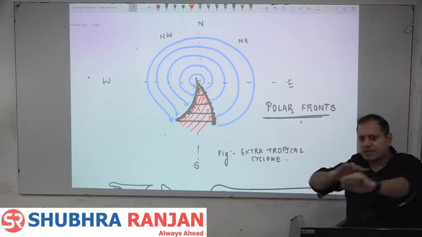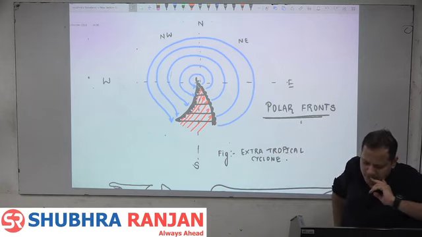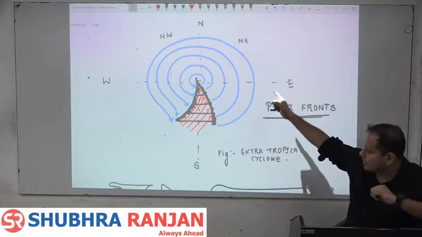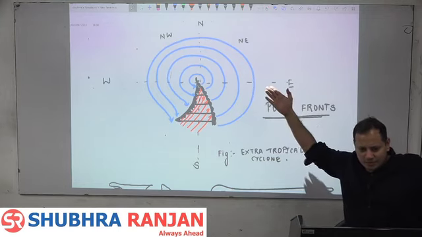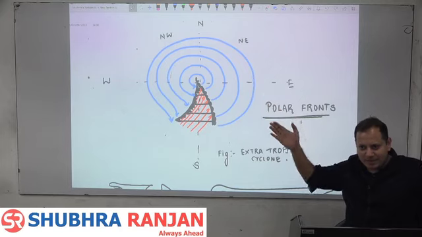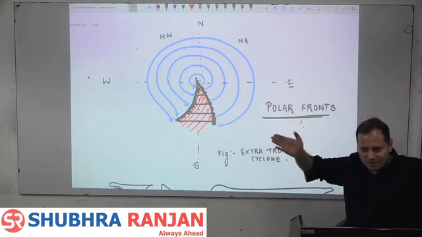It shows that such cyclones are wider in the north. Is it wrong or right? They are wider in the north. Understand? Warm air is being trapped. Cold air is not trapped. So they are becoming wider in the north.